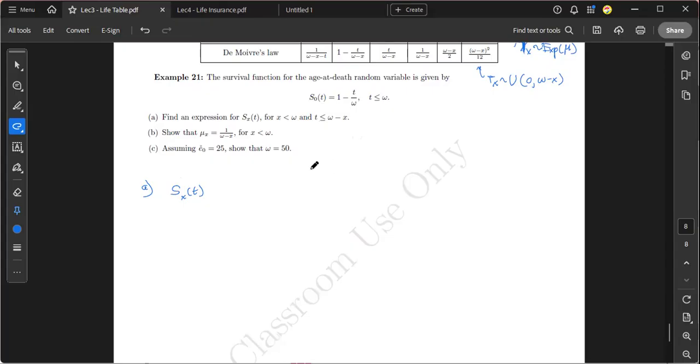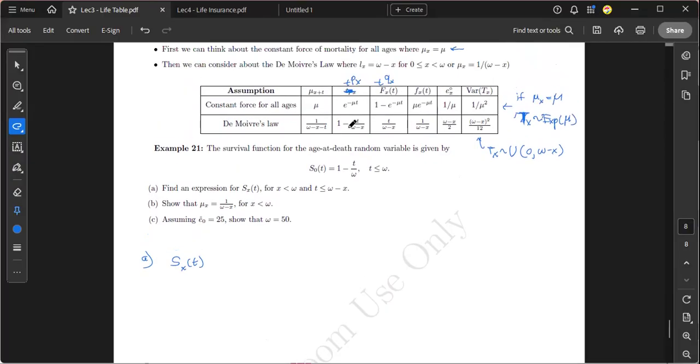So that is the remaining lifetime for a person who is at age x. This survival function has a familiar form now. If you refer to this table, in this case, x is 0. If I apply x is 0 to this, then it's identical to here. That means Tx follows a uniform distribution.